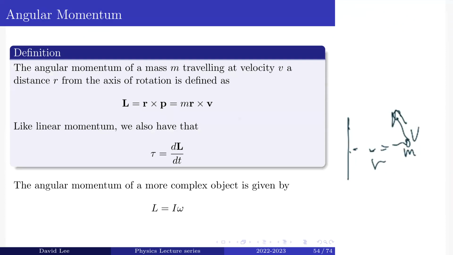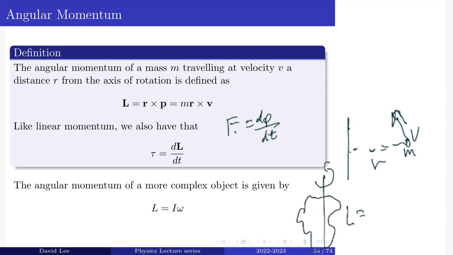And just like F equals dp/dt, we have torque equals dL/dt. So you can also have stuff like angular impulse or whatever. And if you have a weirdly shaped object, its angular momentum is I omega. That's the equivalent of p equals mv, I guess.